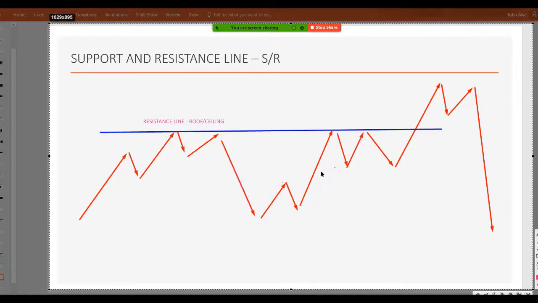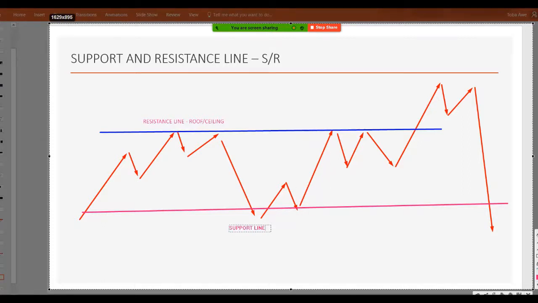So that is support. That line is supporting the price from falling below a particular level, just as if something is holding the price from falling back. So that's support and resistance.